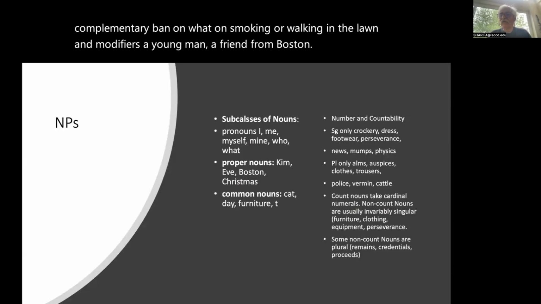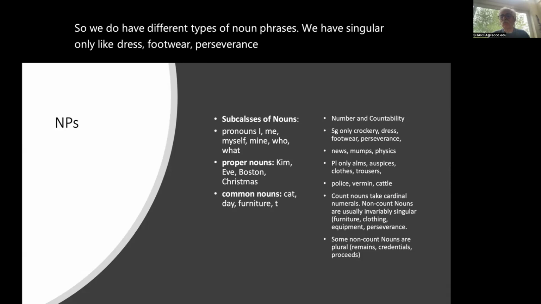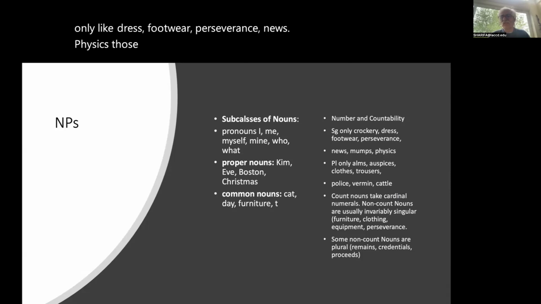So we do have different types of noun phrases. We have singular only, like dress, footwear, perseverance, news, physics. Those that end in S, but they do have a singular function.